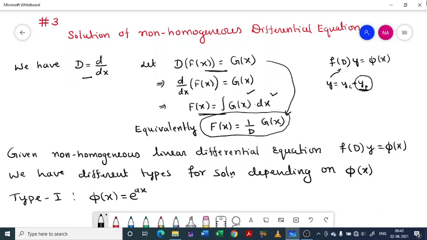So to write f of x in terms of g of x, D should be taken to the right hand side. So f of x equal to 1 by D g of x. But again, if you compare these two, 1 by D stands for integration. Whatever independent variable you have considered here, the same should be considered here, with respect to that variable.